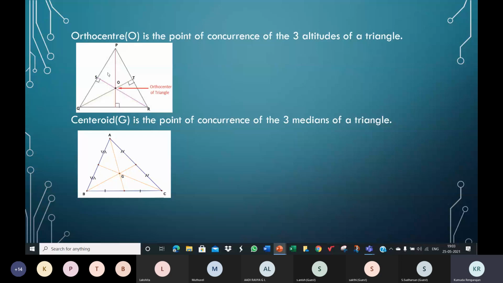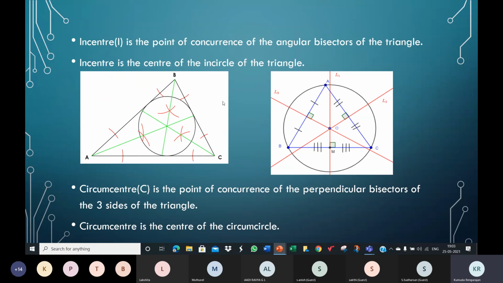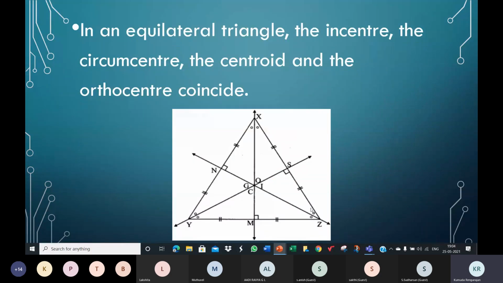When you do all these four activities in an equilateral triangle, you will see that the lines coincide.